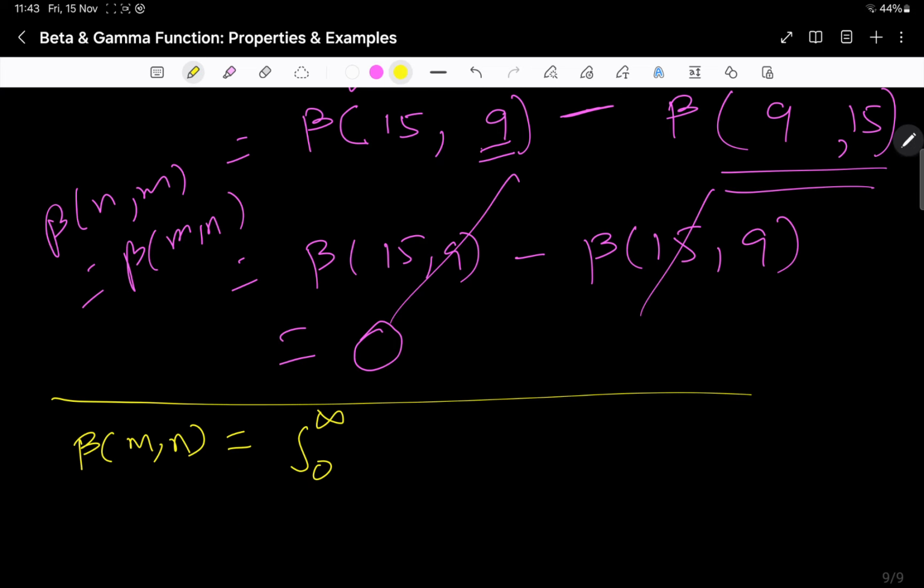So now coming to the proof of this property. What is the property? Beta mn is the integral from 0 to infinity of x to the power n minus 1 divided by 1 plus x to the power m plus n, dx.